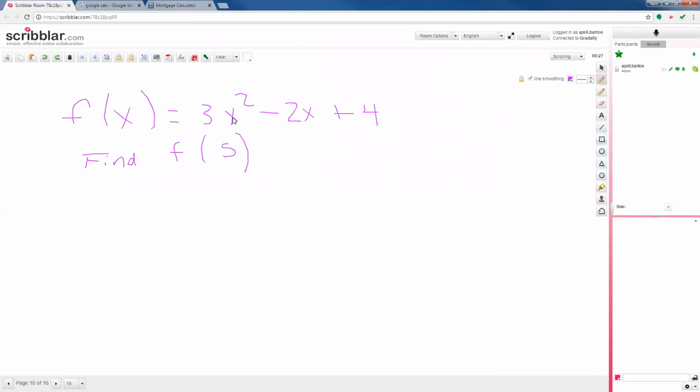Everywhere we see an x, we're going to replace it with a 5. So it looks almost exactly the same, but now we have 5s in each of the spots for an x.